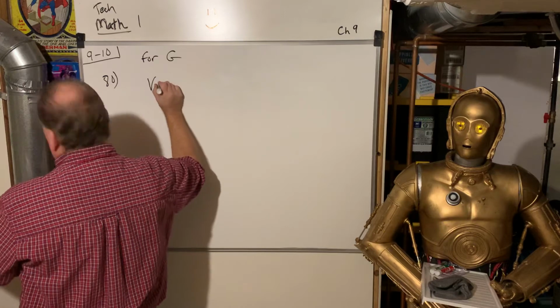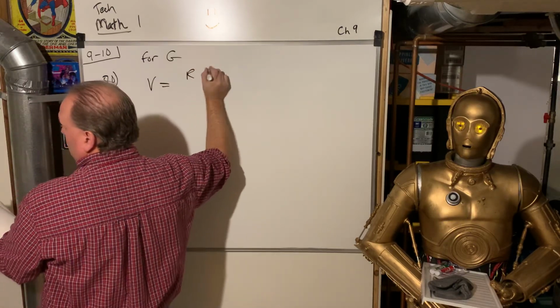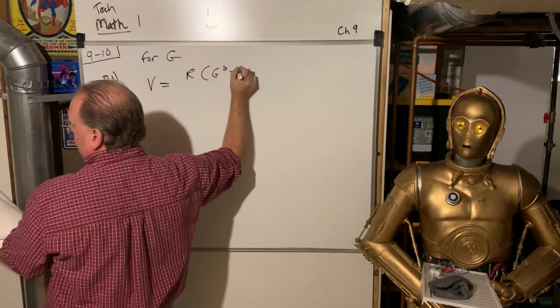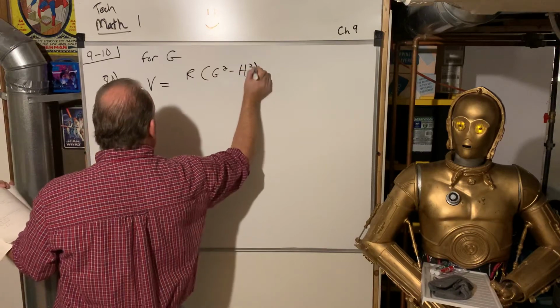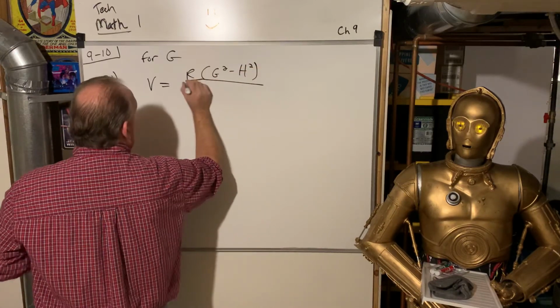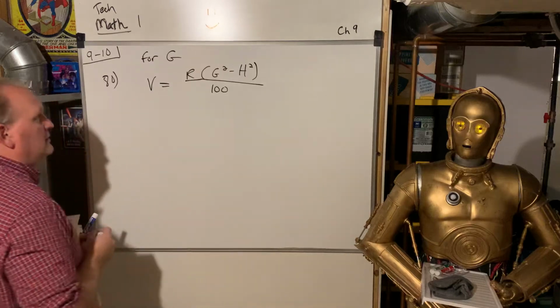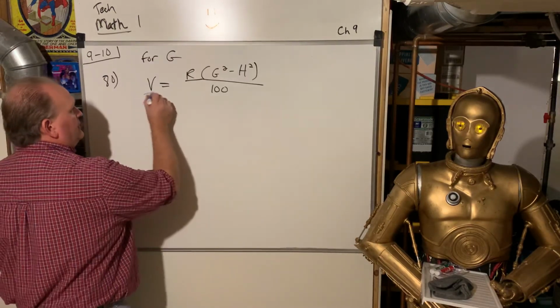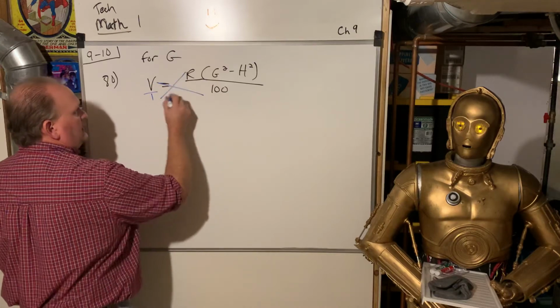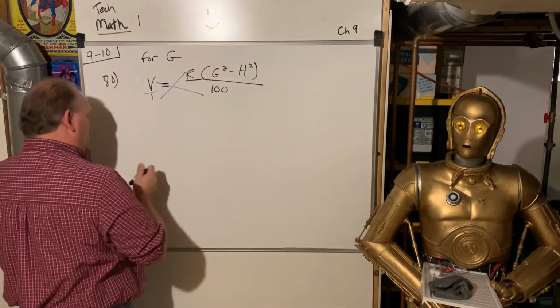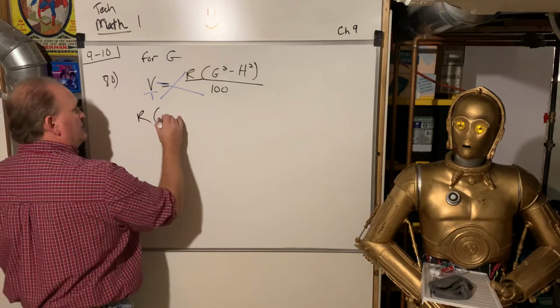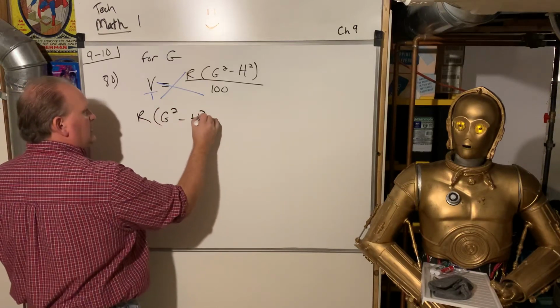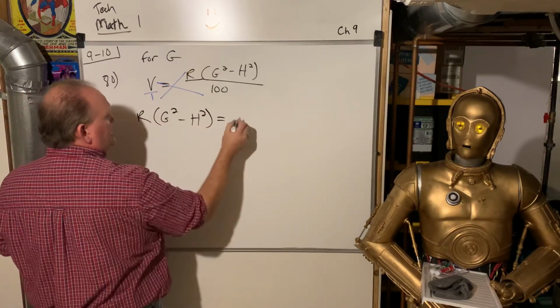It's part B is equal to V R G squared minus H squared over 100. Okay. So let's cross multiply and solve. So we got this. We got R times G squared minus H squared equals 100 times V.